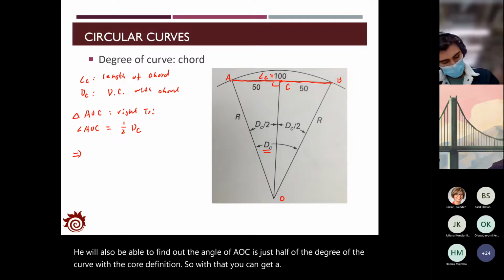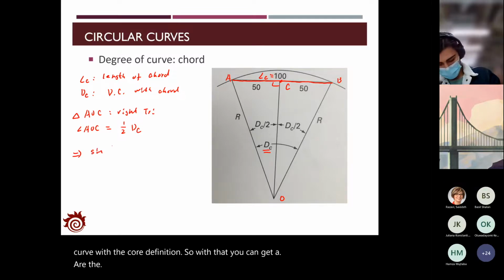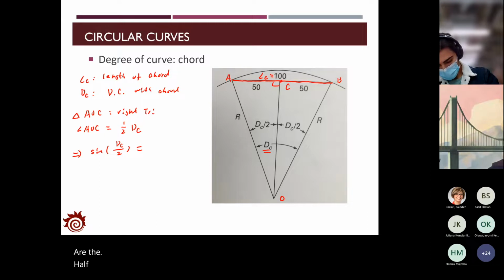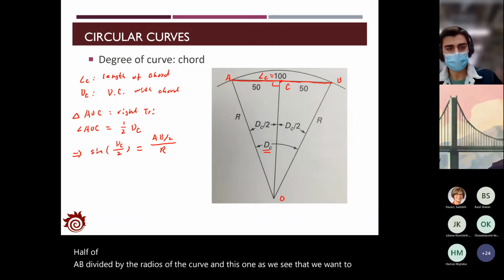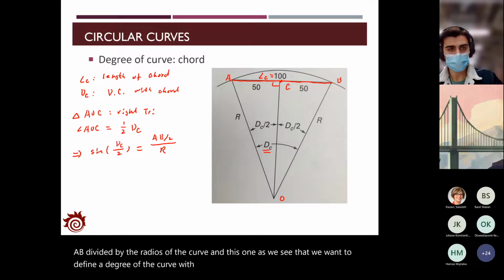So with that, you can get sine of half DC equals half of AB divided by the radius of the curve. As we want to define the degree of the curve with the standard chord length of 100 meters, AB is 100.